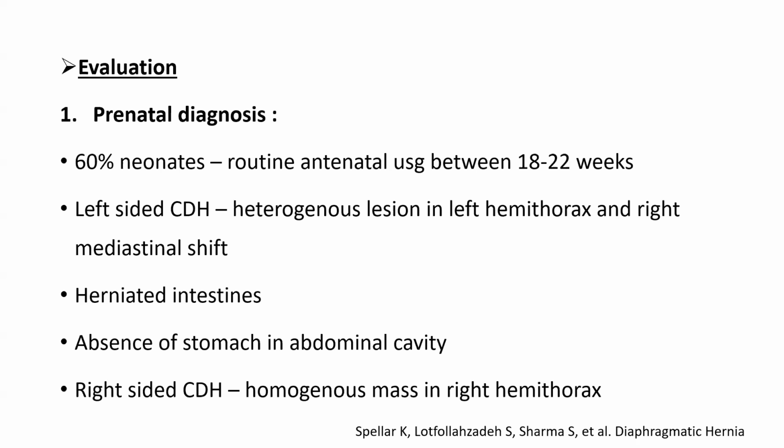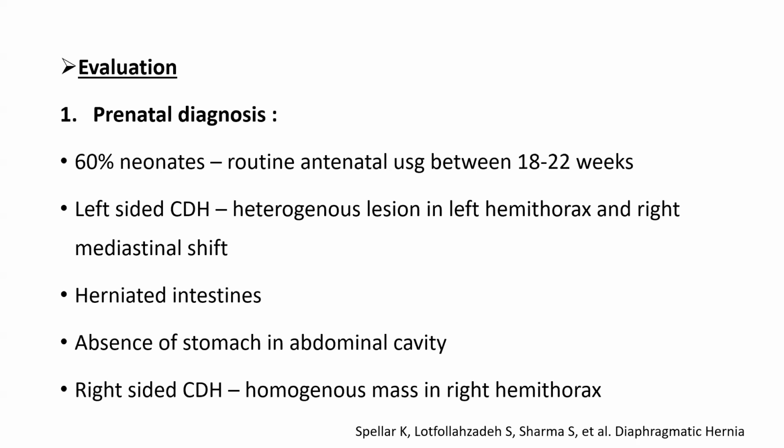Left-sided hernias are characterized by a heterogeneous lesion in the left hemithorax and right mediastinal shift. That heterogeneous mass implies the herniated intestines. The fluid within the mass and peristalsis assist in differentiating congenital diaphragmatic hernia from other prenatal intrathoracic lesions.